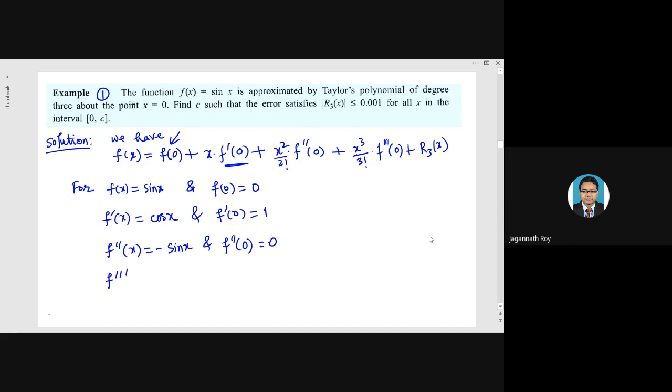F triple dash of x becomes cosine x, and f triple dash of 0 becomes minus 1. How about f4 of x? This is plus sine of x, and f4 at, let us say, some c.